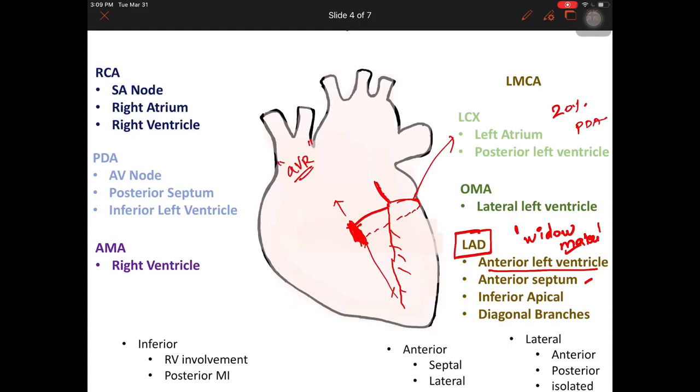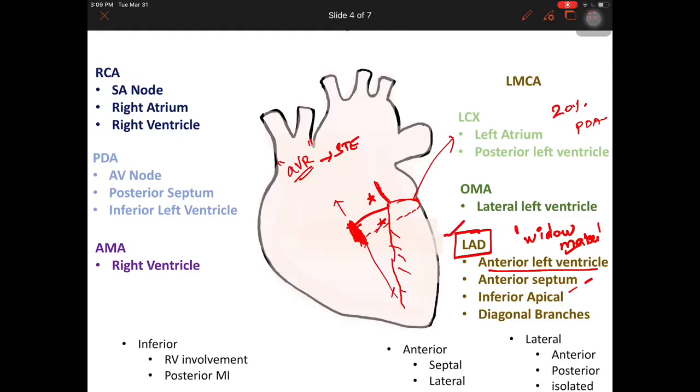So if AVR shows ST segment elevation, people suspect that there is a proximal lesion in the left anterior descending artery, that is, even before giving off the septal artery. If there is no ST segment elevation in AVR, then the lesion is below the septal branch.